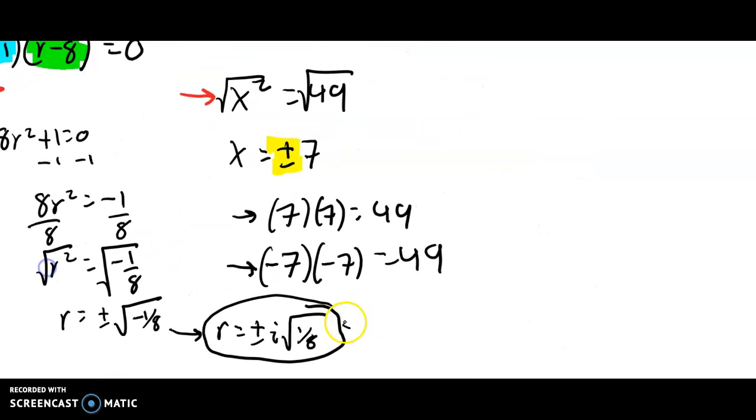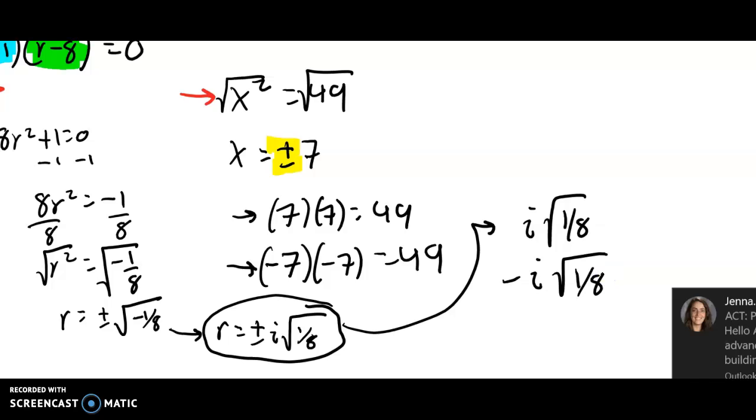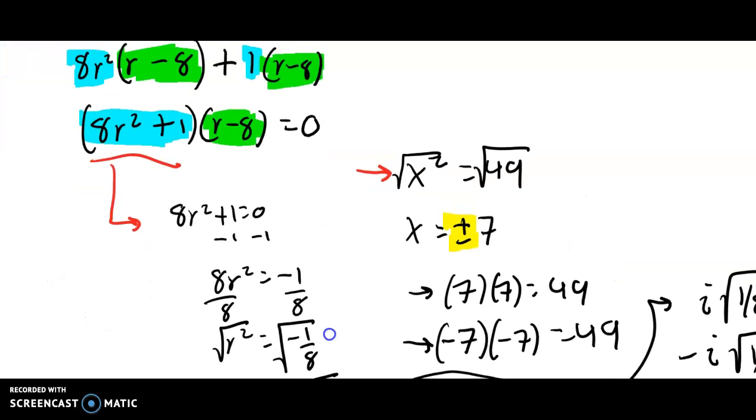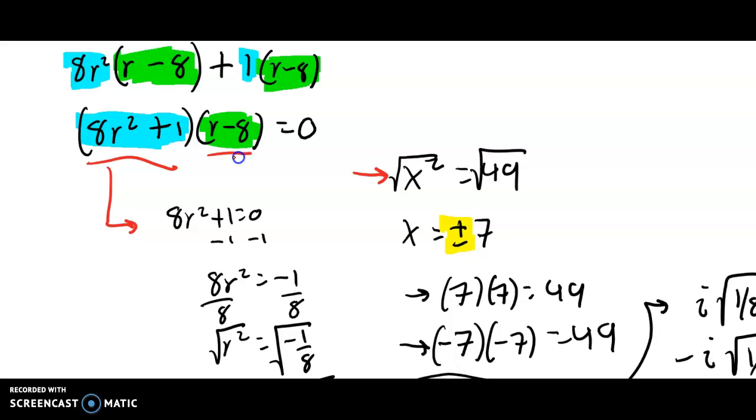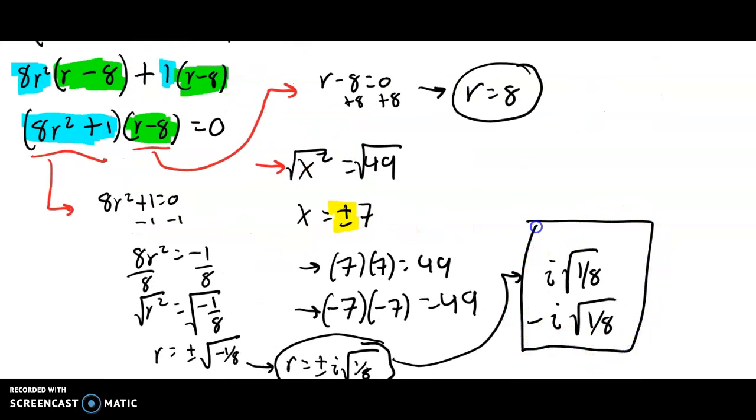If we write these out, your two answers are i root 1/8 and negative i root 1/8. That's what the plus or minus means. Okie dokie. I can also set this r minus 8 to 0, and a little more simply, we're going to get positive 8. Great, so those are our three answers. And that's it for that one.